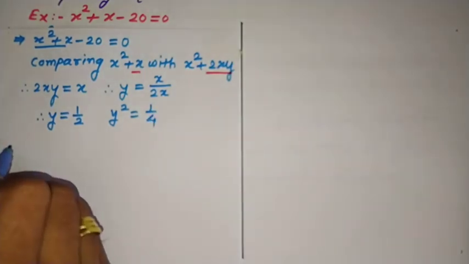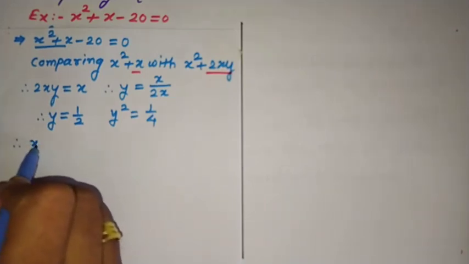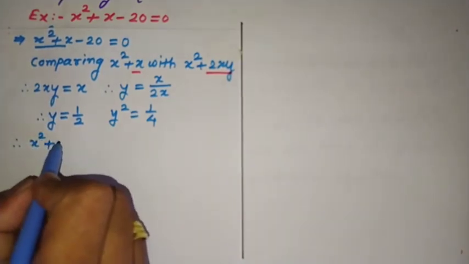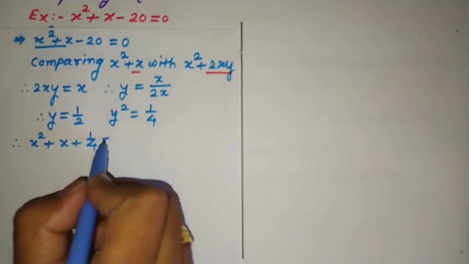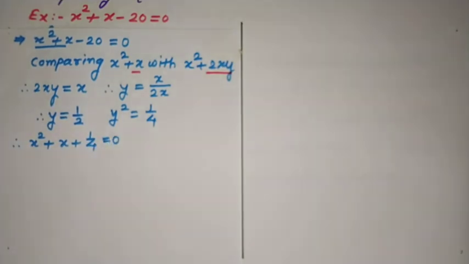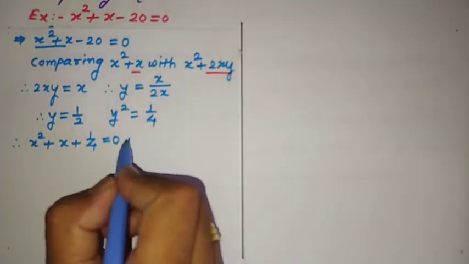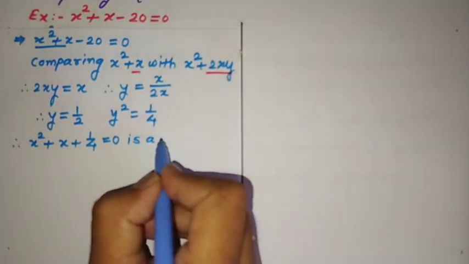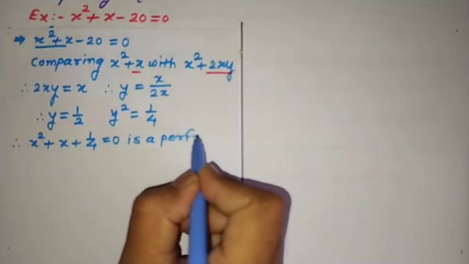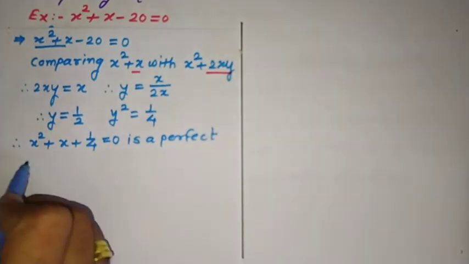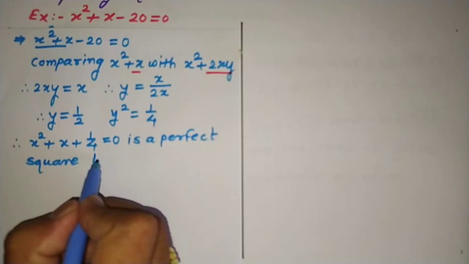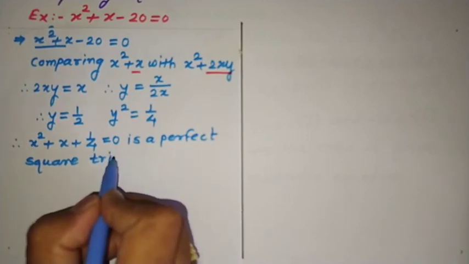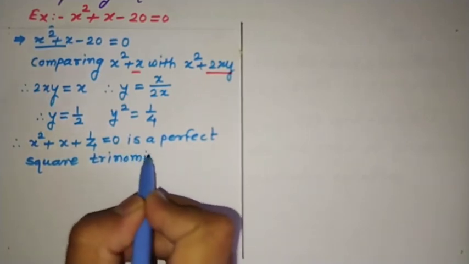Therefore x square plus x plus 1 upon 4 is a perfect square trinomial.